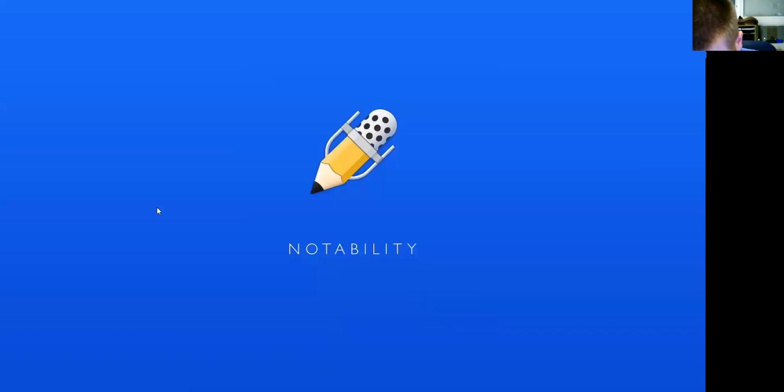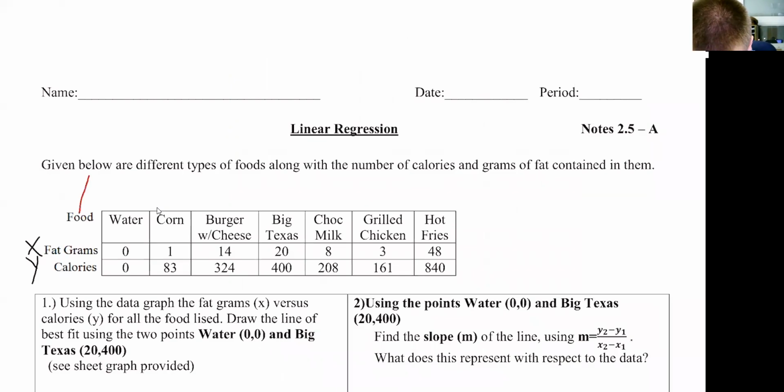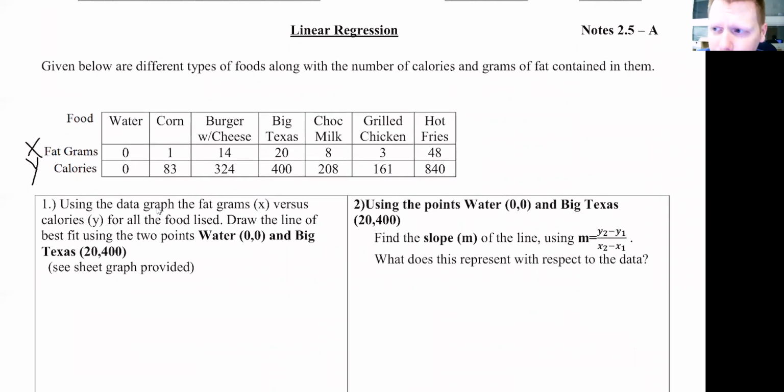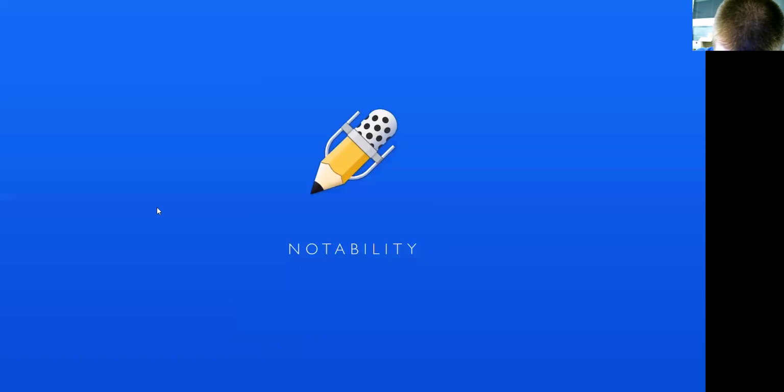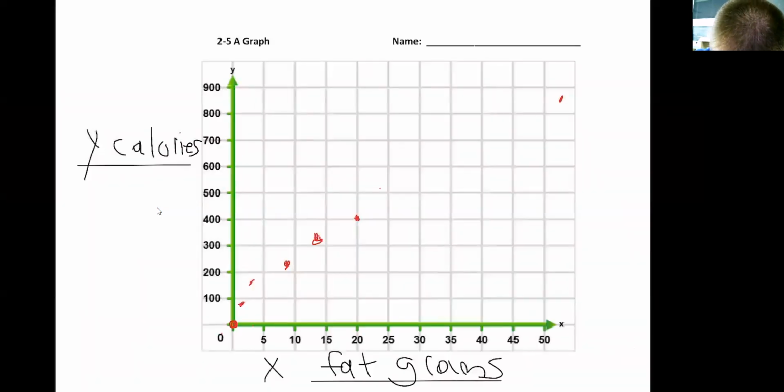What they tell us to do, if you look at this number one, is pick 2 points. Sometimes they might say pick 2 points on your own, but basically to draw your line of best fit, a lot of times you just use 2 data points. So they want us to connect water and the big Texas point. Just to remember which points those were, I'll highlight them. Water was down here, big Texas was here.